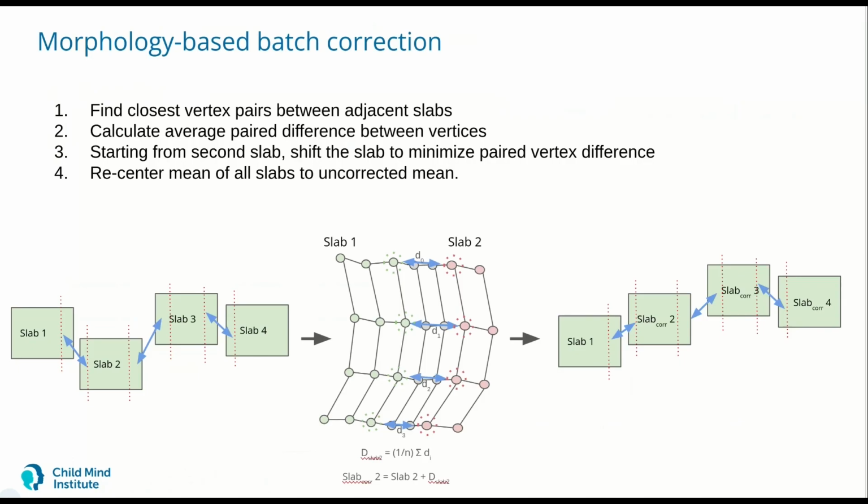On this mesh, for adjacent slabs, we find the closest pairs of vertices, and then calculate the average pair difference in intensities measured at those vertices, and then simply use those average differences in pixel intensity between the two slabs to correct all of the slabs. It's a very simple approach, but it seems to be fairly effective, as I'll hopefully convince you in a second. The idea is you'd have your tissue slabs start with this sort of distribution, and then at the end they have a corrected distribution that looks like something else.